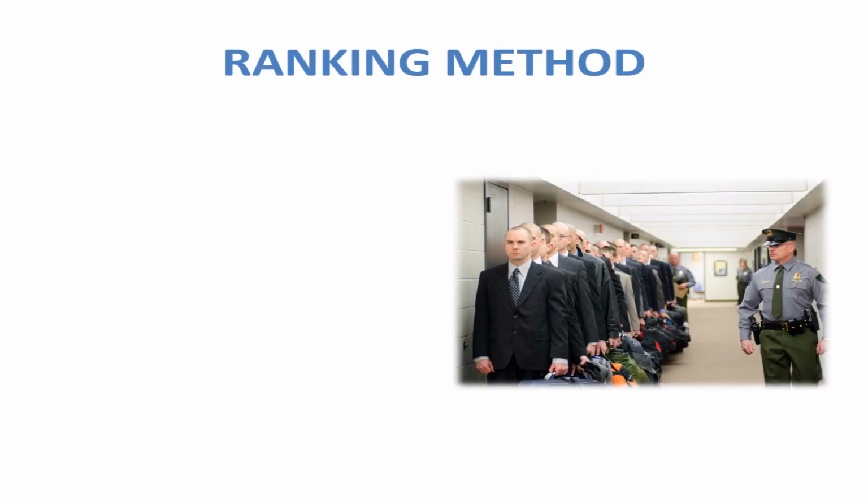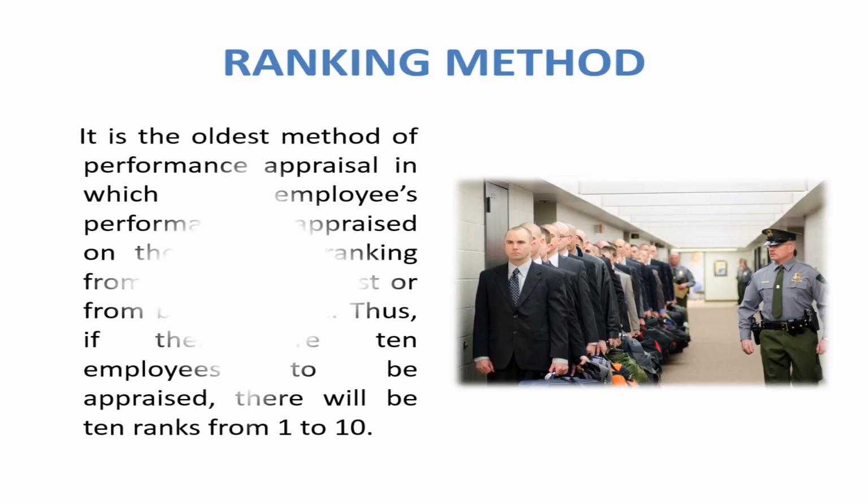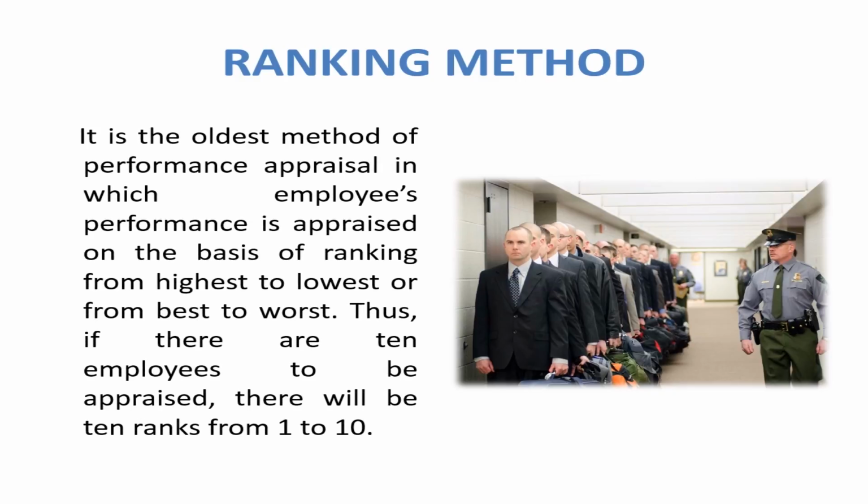Under the past-oriented appraisal techniques, there are 10 techniques, which are as follows. The first one is ranking method. It is the oldest method of performance appraisal, in which employees' performance is appraised on the basis of ranking, from highest to lowest, or from best to worst. Thus, if there are 10 employees to be appraised, there will be 10 ranks, from 1 to 10.